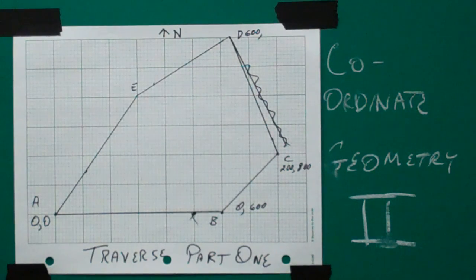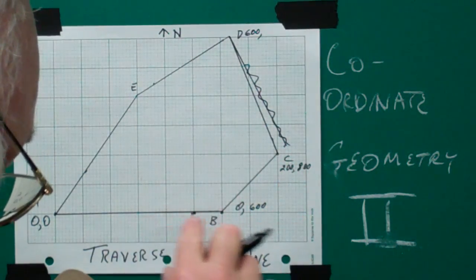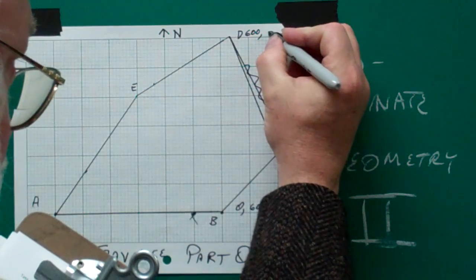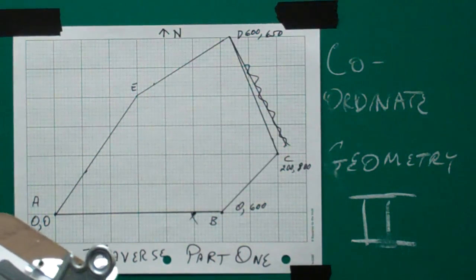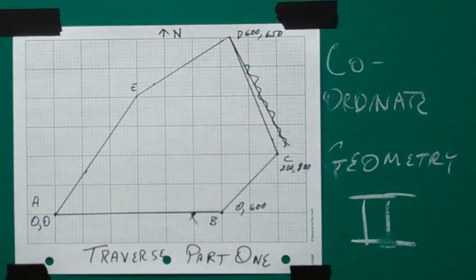So since you were already at 800, you subtract 150, you end up with 650. So far so good.